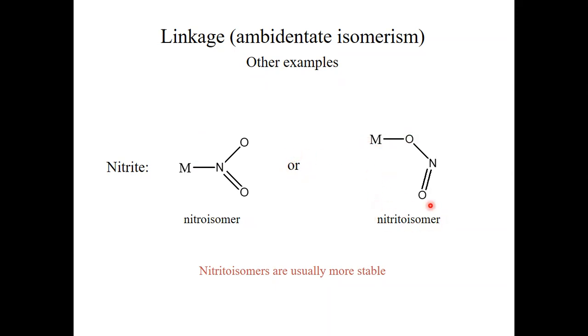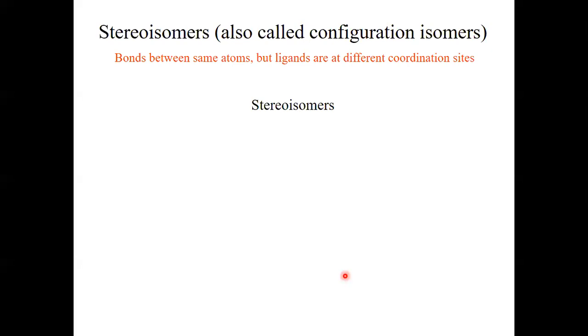In this case it's called the nitrito isomer, and nitrito isomers are usually more stable. Okay, now this is all the constitutional isomerisms that I want to discuss.